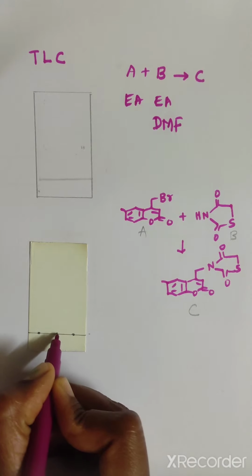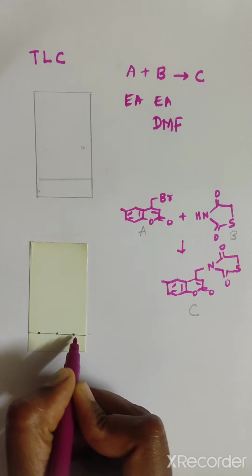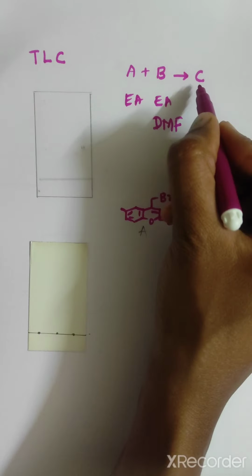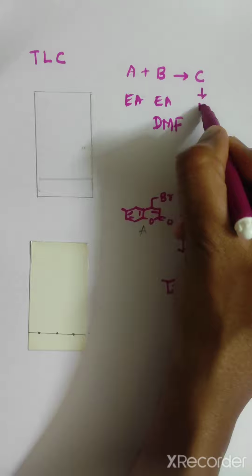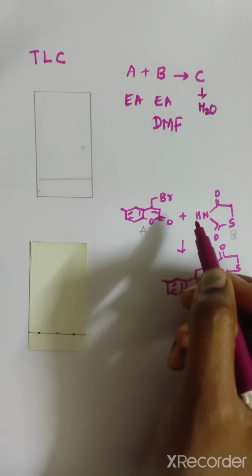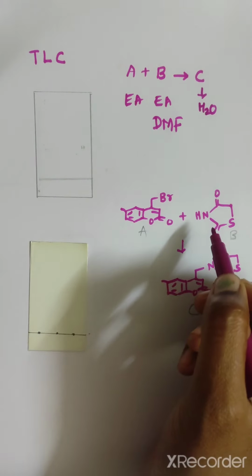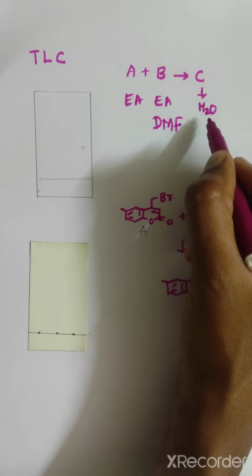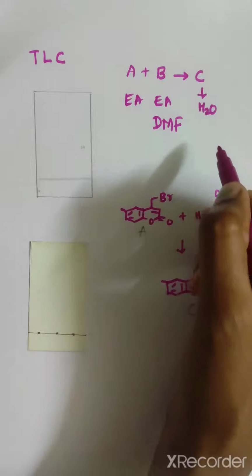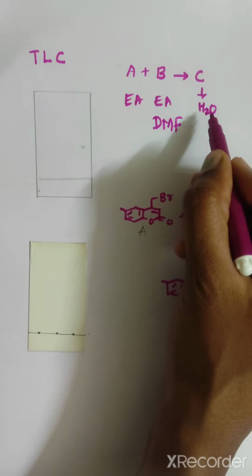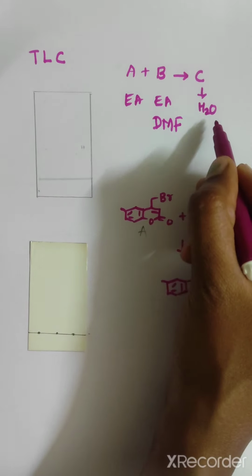This is A, this is B and this is the reaction mixture. For this reaction mixture, you have to add a few drops, 2 to 3 drops, of water. Again you have to add ethyl acetate, because if any impurities are present which are soluble in water, they can dissolve in it.